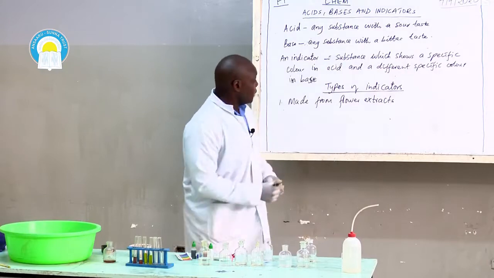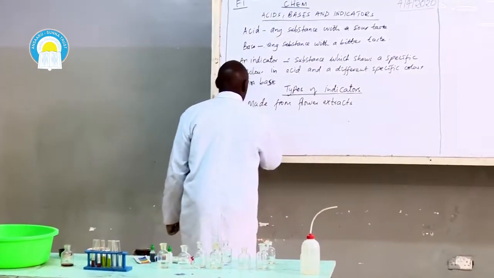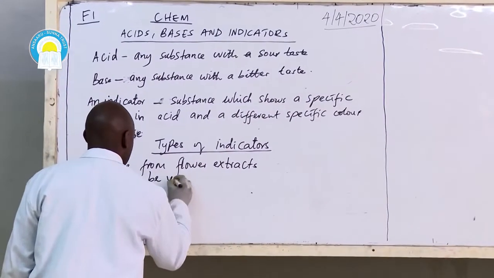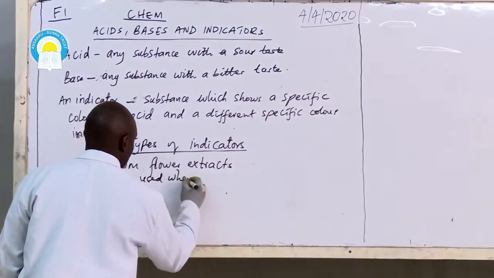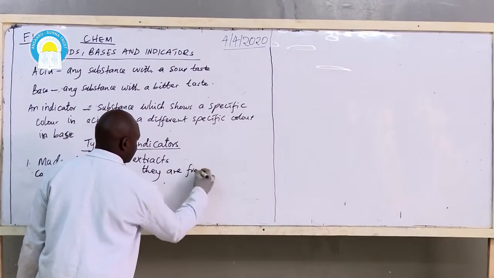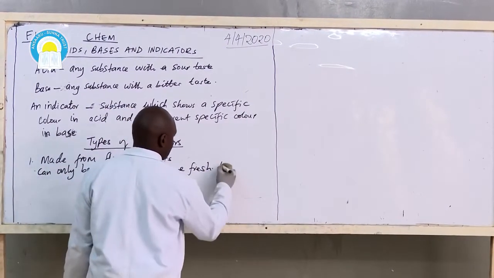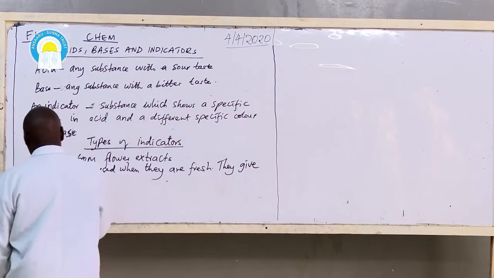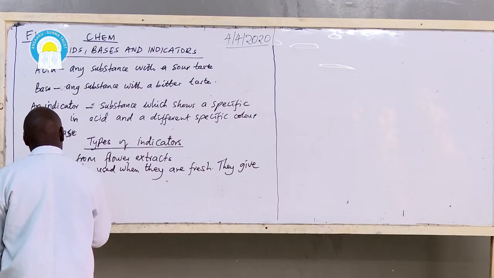So we see that these indicators can only be used when they are fresh. It means they give inconsistent results with time.